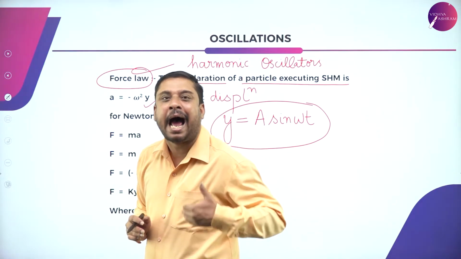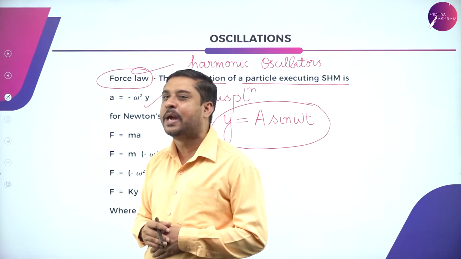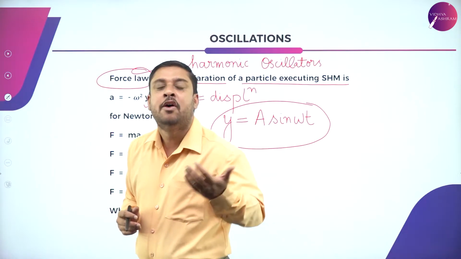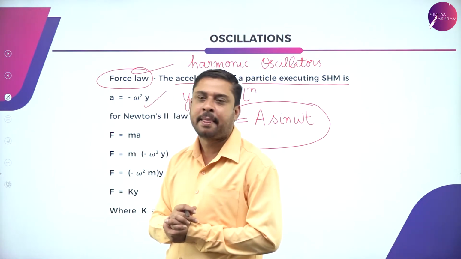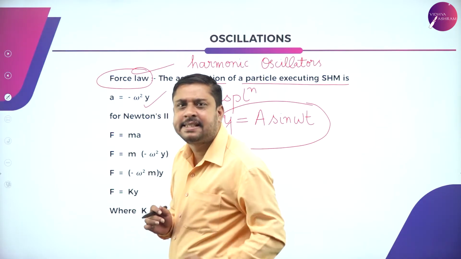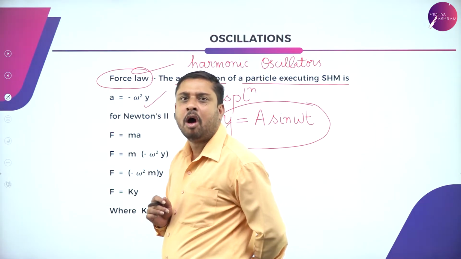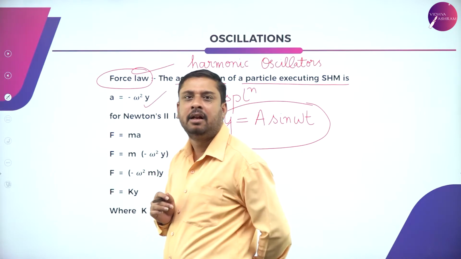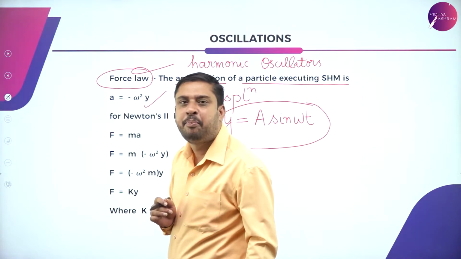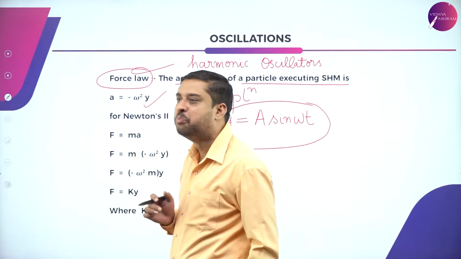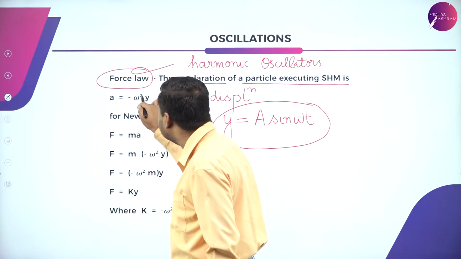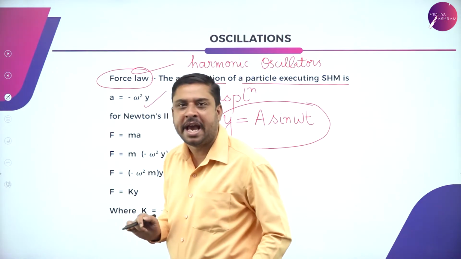Here a is called the amplitude, the maximum displacement from the mean position. So students, acceleration of the particle executing simple harmonic motion, A equals minus omega square y.